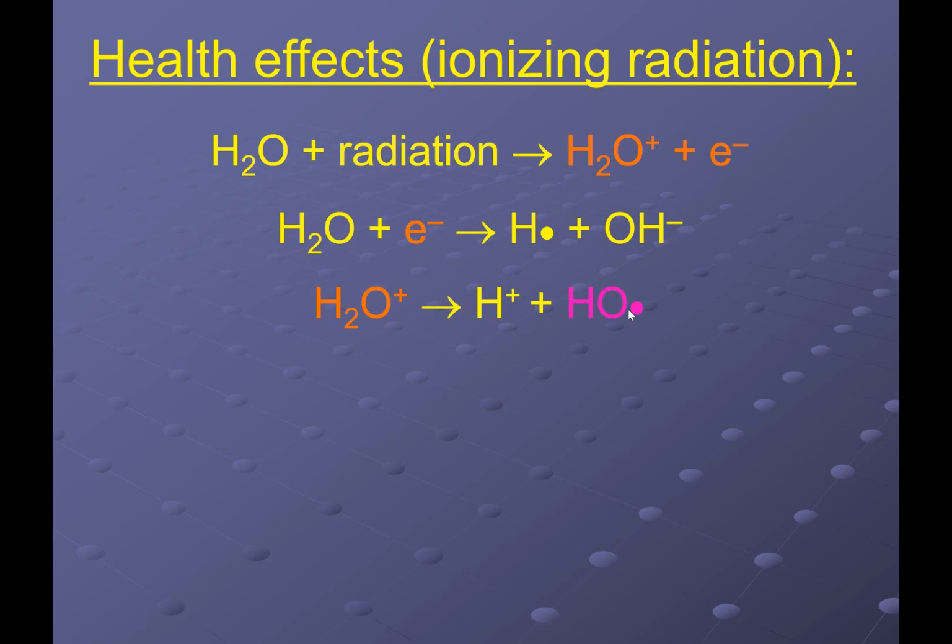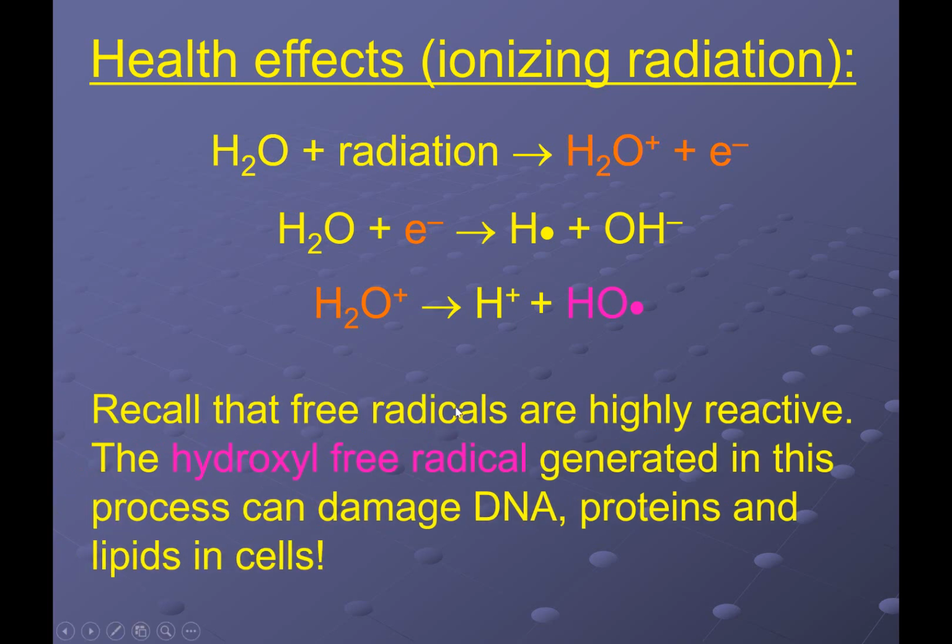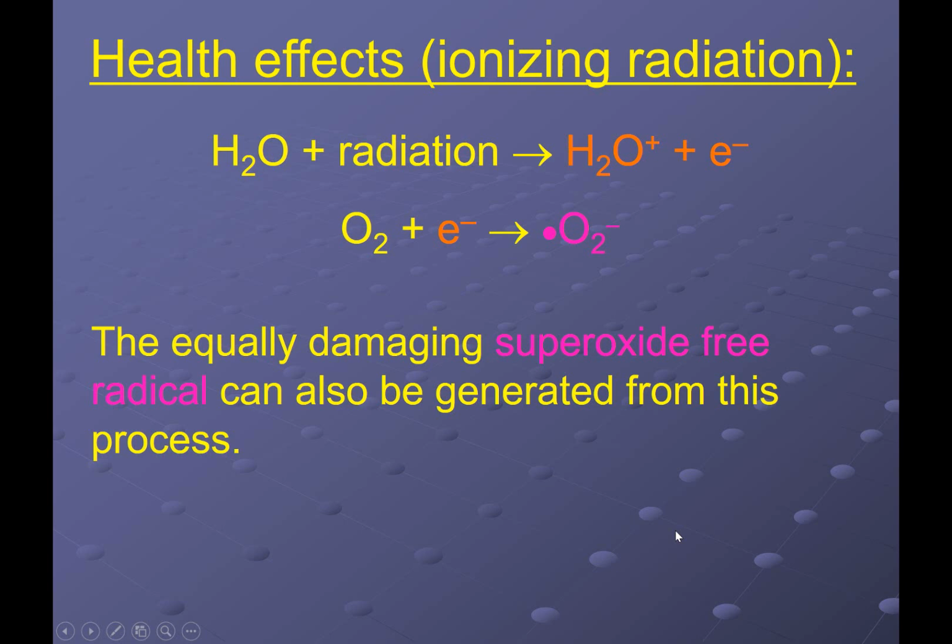So in general, these free radicals have unpaired electrons. Remember, unpaired electrons doesn't necessarily mean charged, it just means unpaired. They're very highly reactive, fast moving, and chemically active enough that they can damage our cells at the DNA level, a lot of our living tissues, proteins, lipids, and one other one they show you, superoxide.